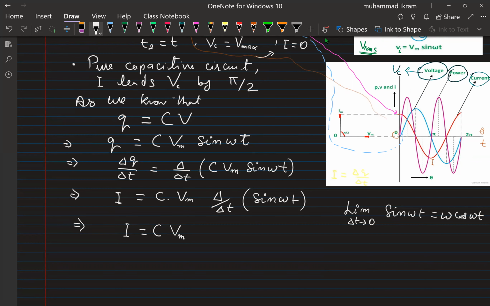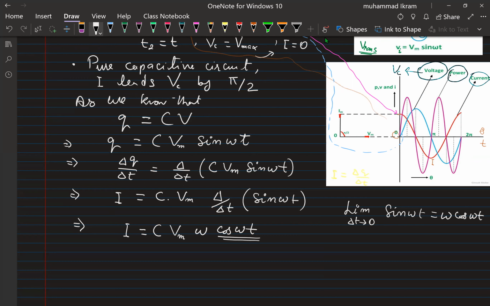So this becomes C Vm omega into cos omega t. The cos omega t is a mathematical function and has no unit.